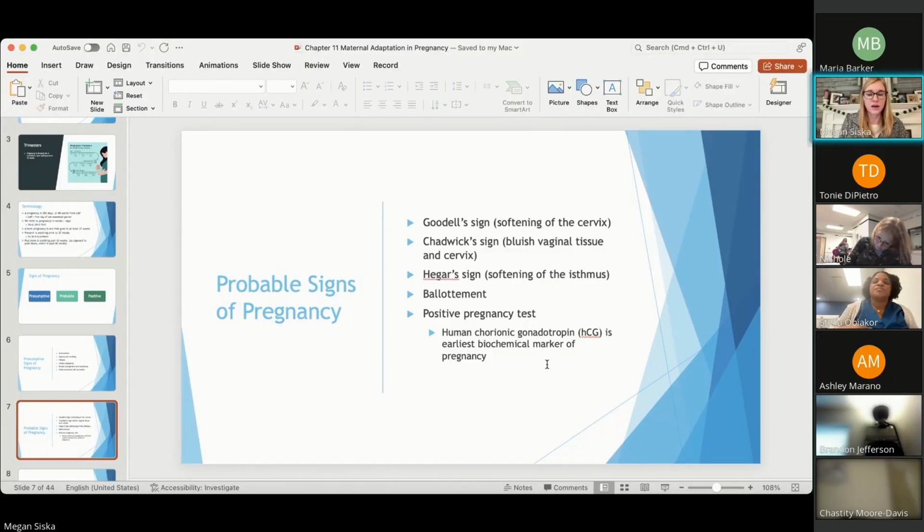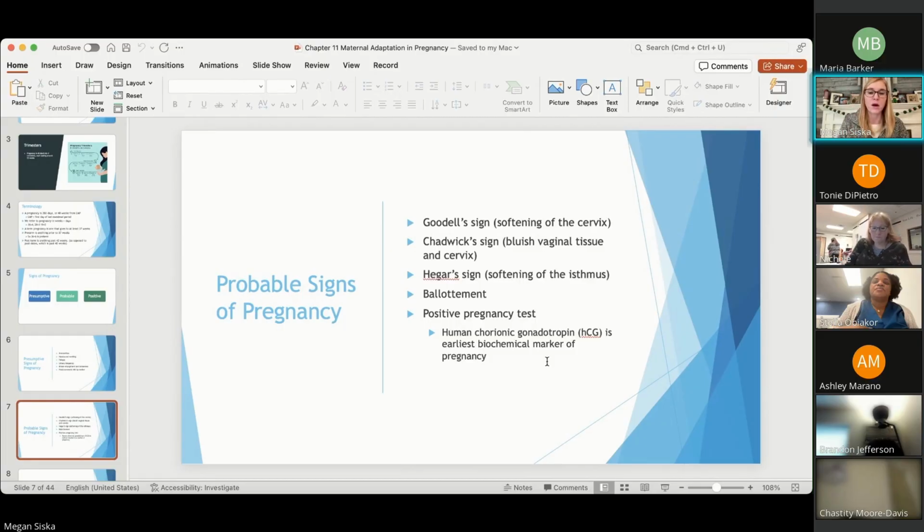Heger's sign, also during a pelvic exam, they can feel that lower portion of the uterus, that isthmus, where it kind of thins out at the bottom, and it'll feel softer. That would be a really astute practitioner that could feel that.